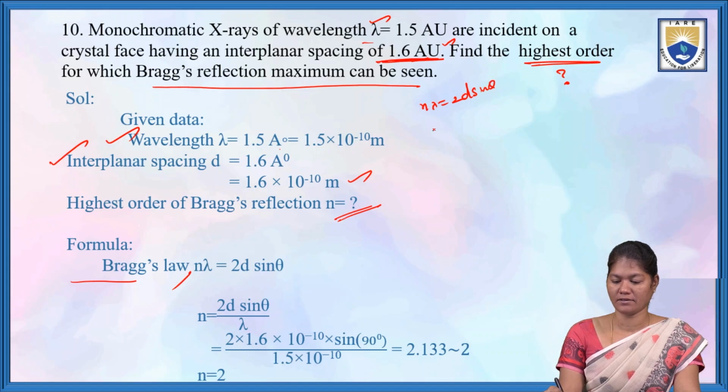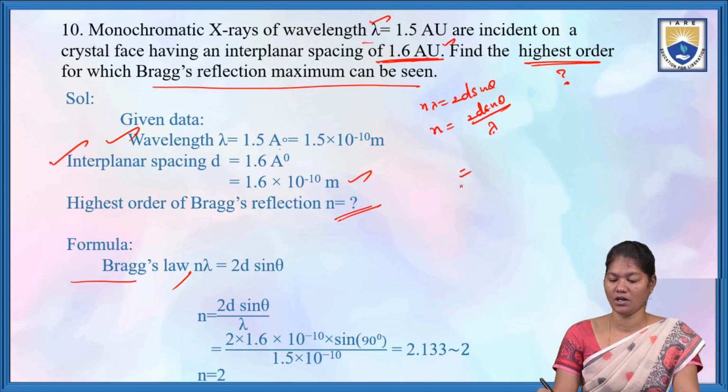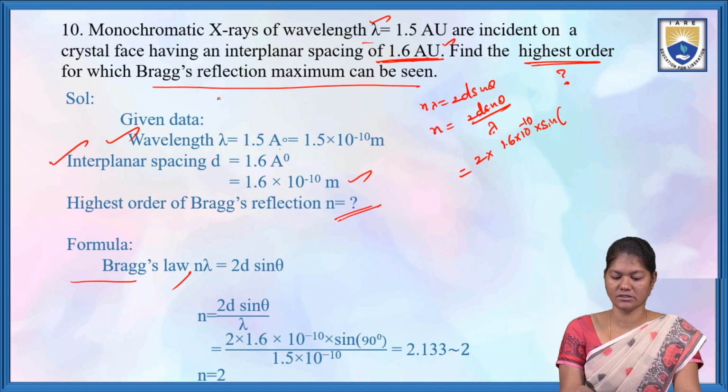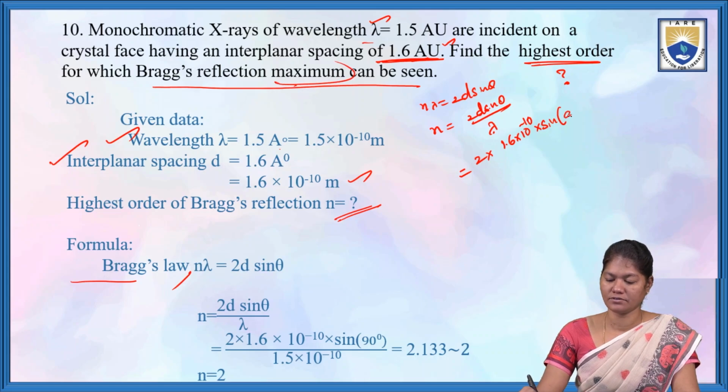So n is equal to 2d sin theta by lambda, which is 2 into 1.6 × 10^-10 sin theta. Theta is not given, but for the highest order of maximum reflection we take 90 degrees.